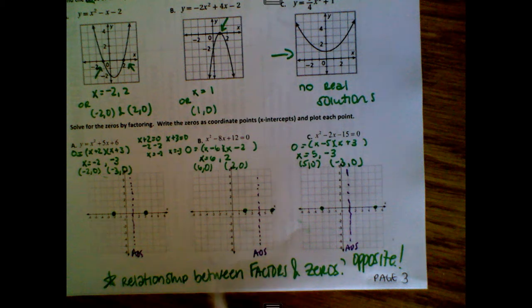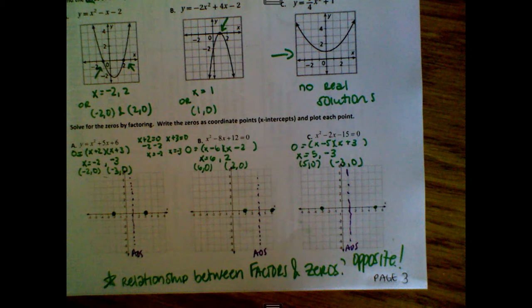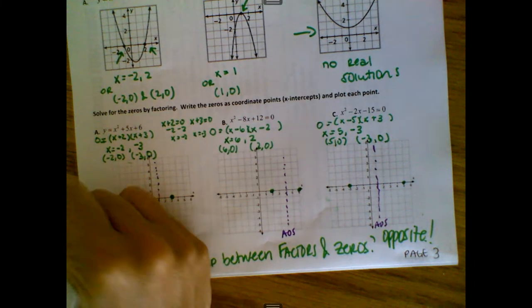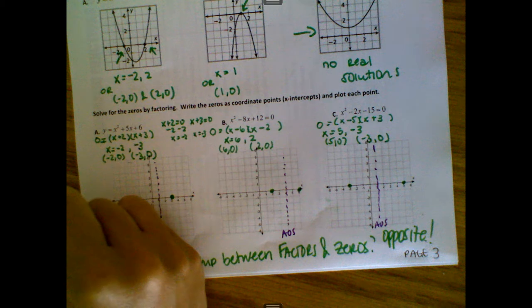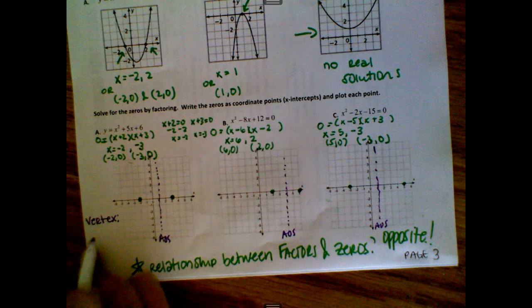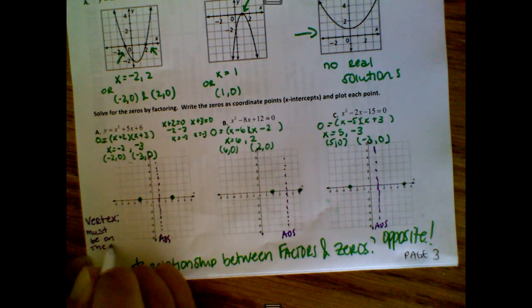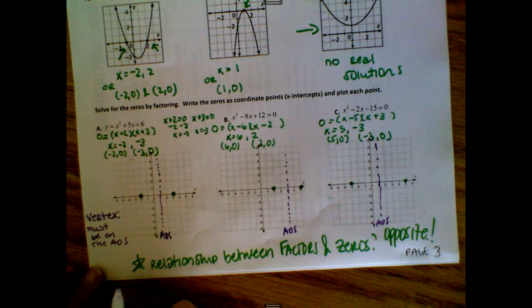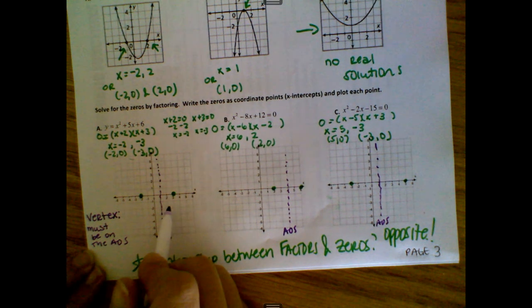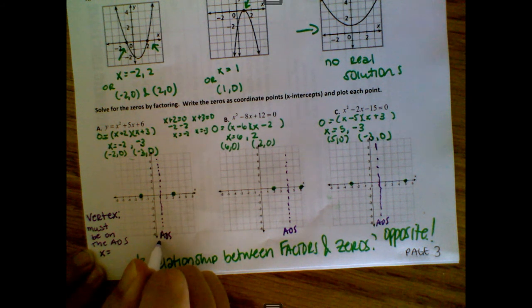And now we just need to know where the vertex is so we can graph it fully. Well, how do we figure out the vertex? We figure out the vertex because the vertex must be on the axis of symmetry, which means the x value of the vertex equals the axis of symmetry number.